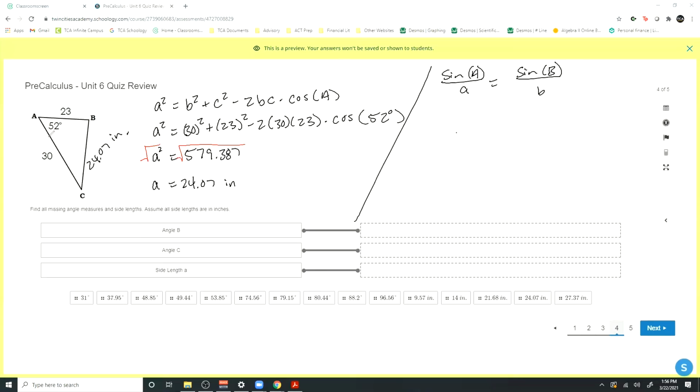Filling in what we know, so that's the sine of 52 over 24.07 is equal to the sine of, I don't know what b is, over 30.